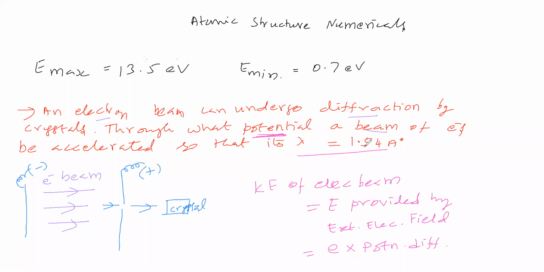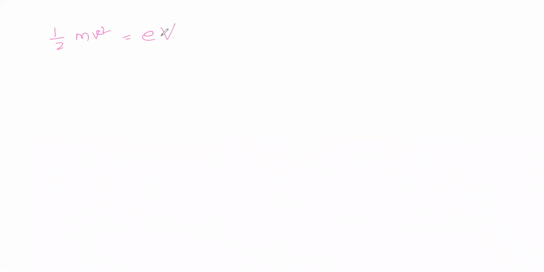So this is the wavelength for the beam of electrons. For the electron beam, wavelength is given and potential is asked. So now we have to find this potential value. What is given is lambda. Lambda, as per de Broglie, is h by mv. Now we have to substitute this v.